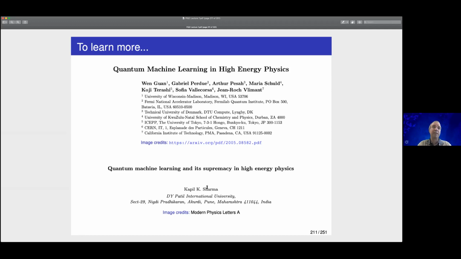If you are interested in learning more, I have cited here two recent papers which are surveys of how to use quantum machine learning in high energy physics. So you can check them in order to see more applications, and maybe it's interesting to you.